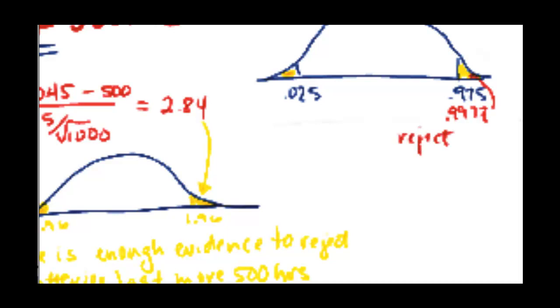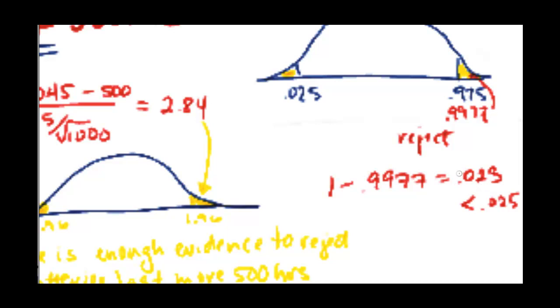Or if you do the 1 minus P value thing, it would be 1 minus 0.9977. So that would be 0.023, and that's less than the 0.025. Actually, it would be 0.0023, is that right?